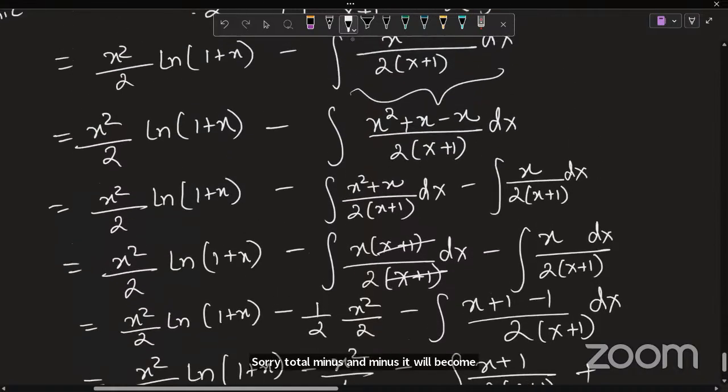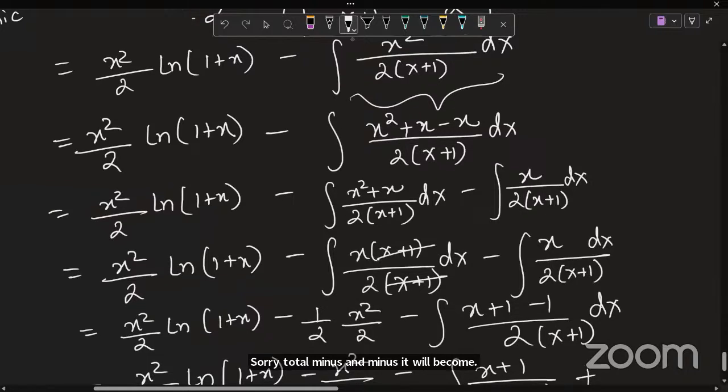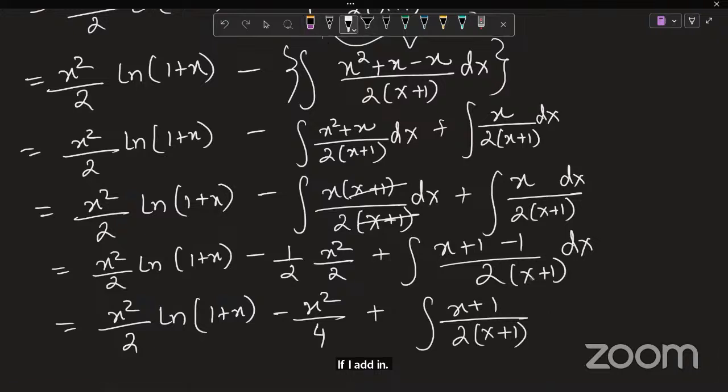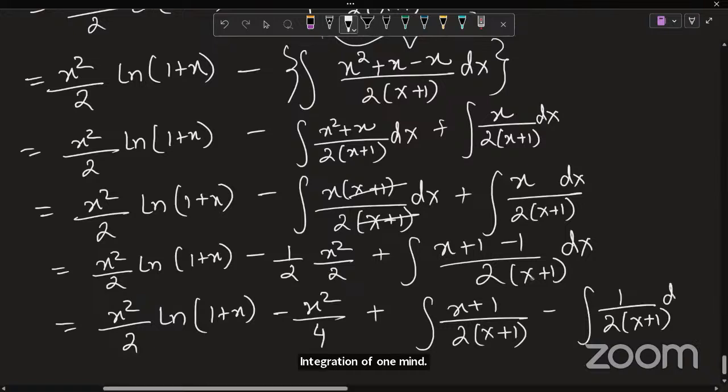Okay, it will become plus. So the integration of 1 by 2 into x plus 1 dx.